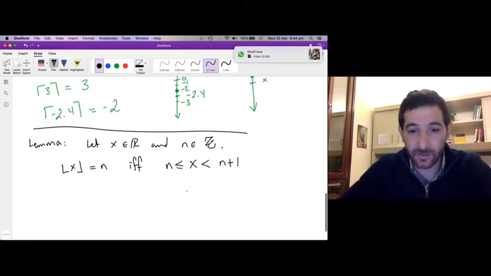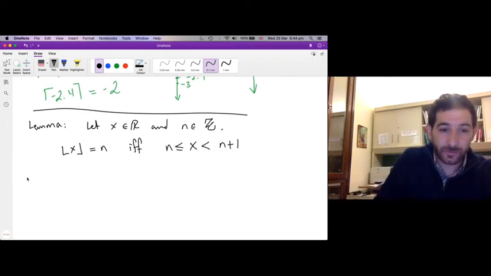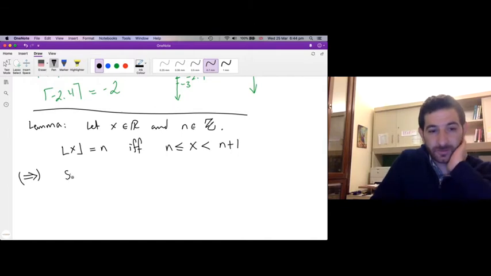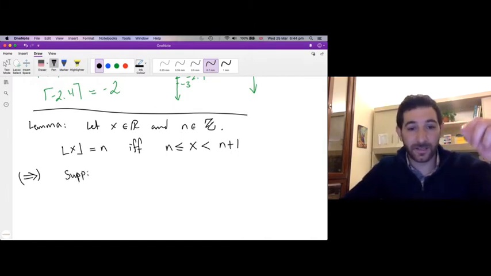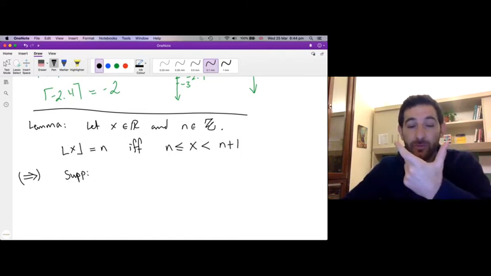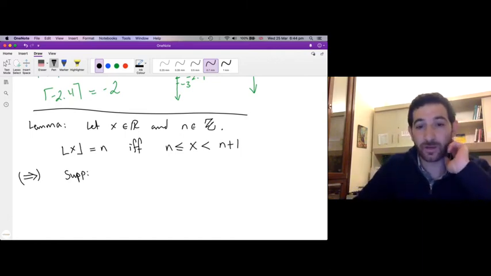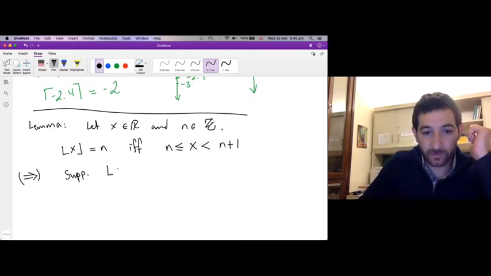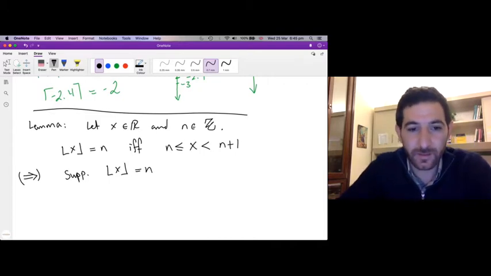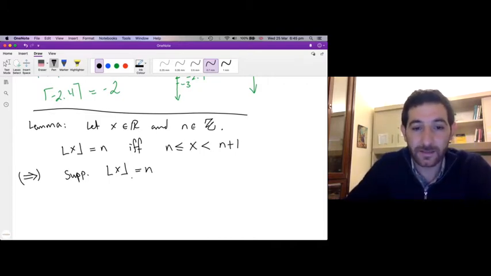So since this is a biconditional statement, we need to prove both directions. So suppose here we want to show if the floor of x is n, then x should be between n and n plus 1, where equality holds for the left hand side. Okay, so suppose the floor of x is n. Okay, what does it mean that the floor of x is n?